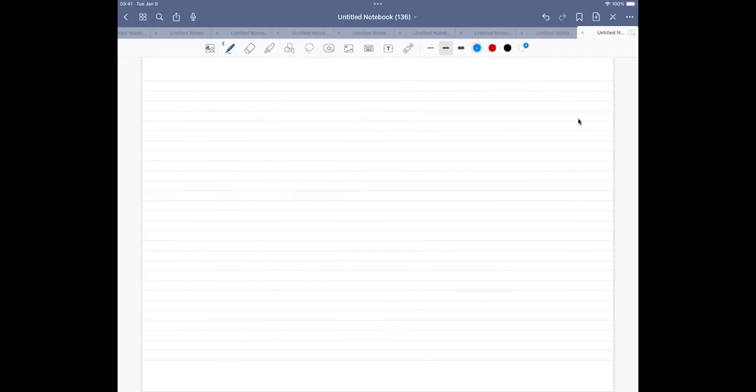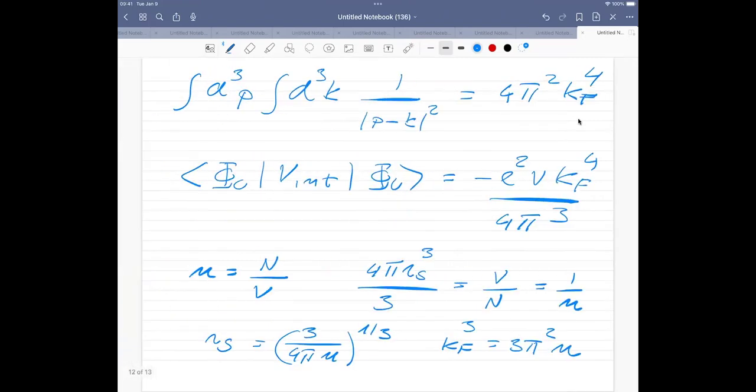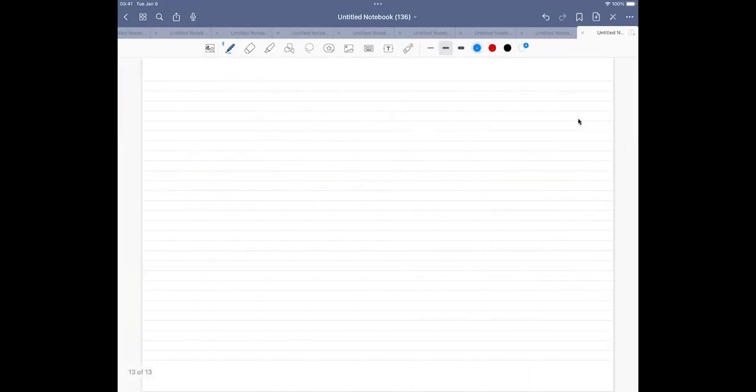And let me just bring it back again. Okay. So this term here is something which we can then rewrite as phi zero of V interaction of phi zero, which is now given by the density.